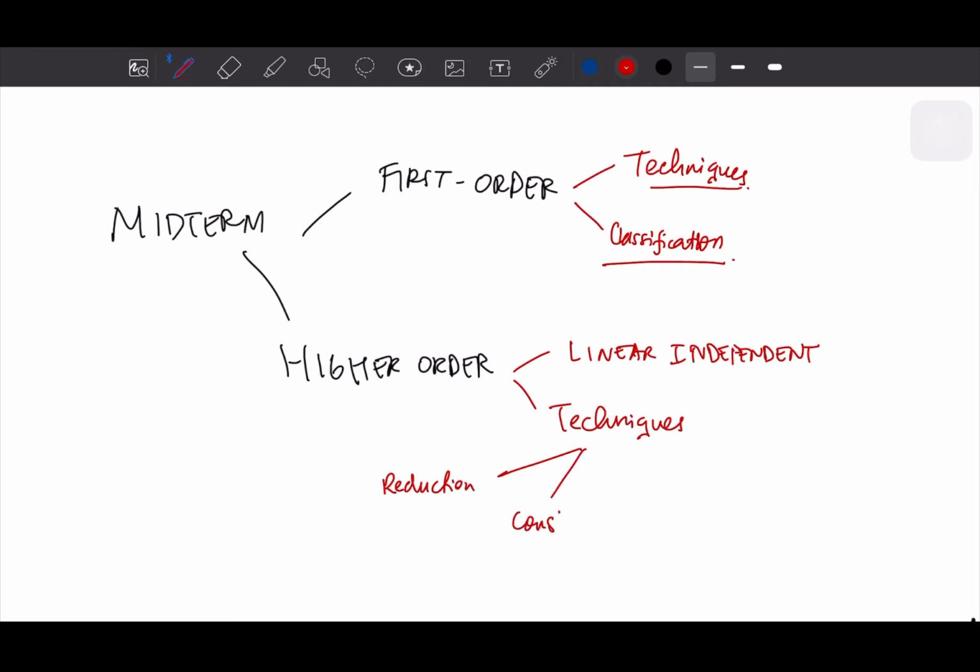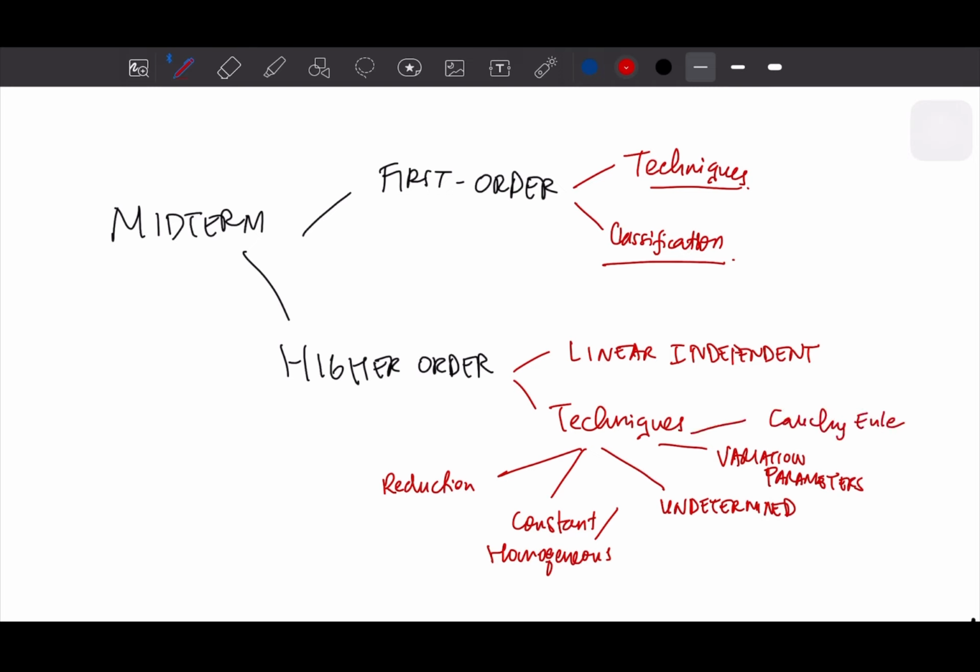And the constant coefficient, the constant homogeneous, and then what else? The undetermined coefficients, the variation of parameters, and the last part is the Cauchy-Euler. The Cauchy-Euler is actually an additional note, okay? Because without Cauchy-Euler you can also solve the equation, right?